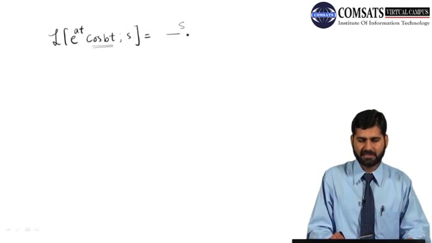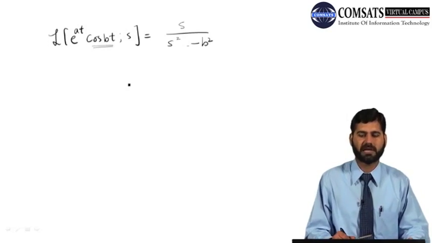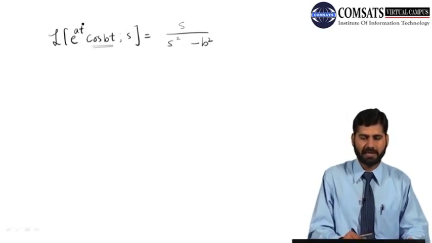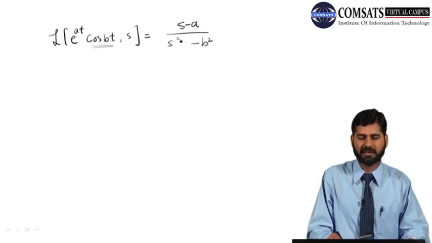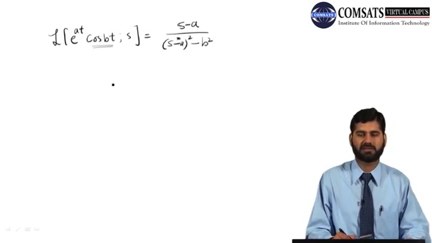That is s over s square plus b square. By multiplying it by e to the at, you just need to replace s by s minus a. So it will be s minus a, whole square, not just s square. Alright? That will be your answer. You got that idea?